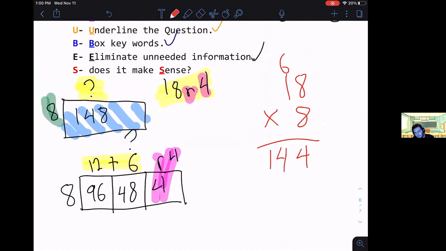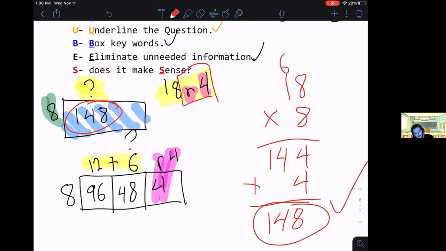That gives us 14. Can't forget the remainder. Do we multiply the remainder or add it? That's right, we add it because it was unable to get divided. That gives us 148. Does 148 equal 148? Yes, sir. That's how we know it's correct.